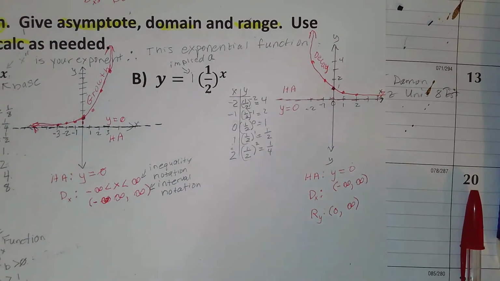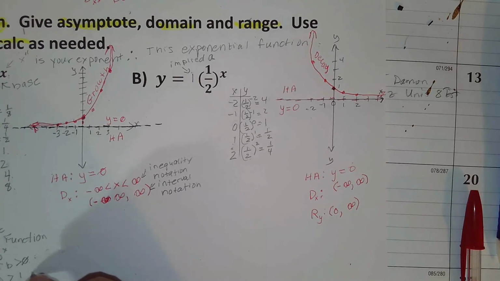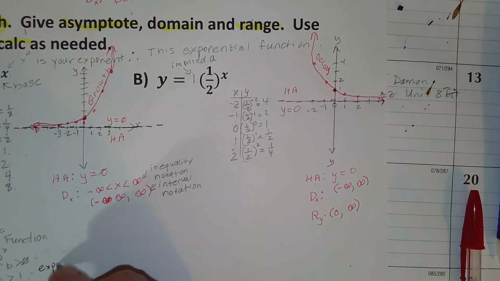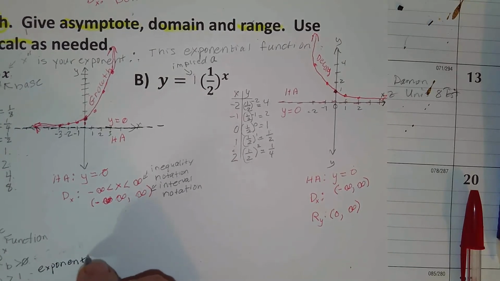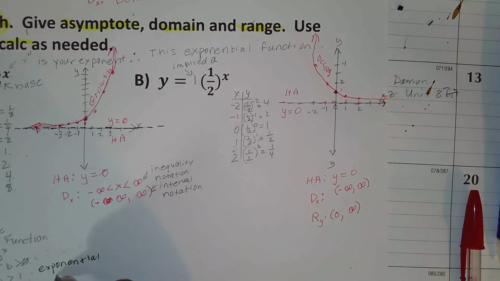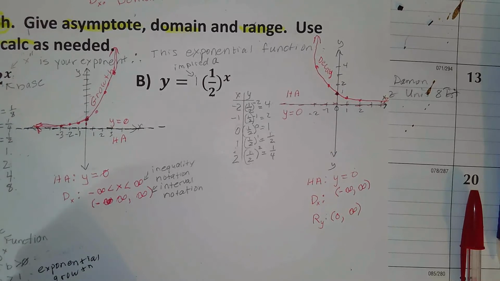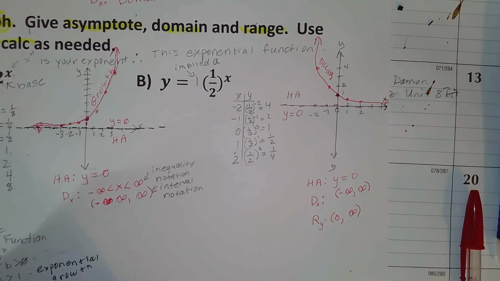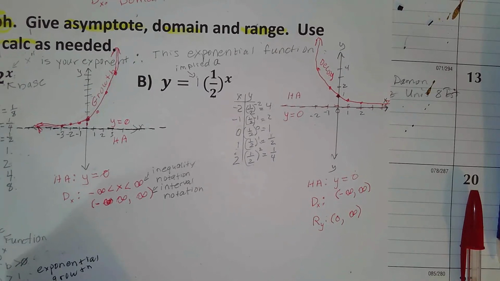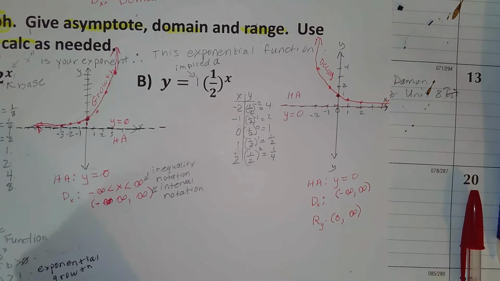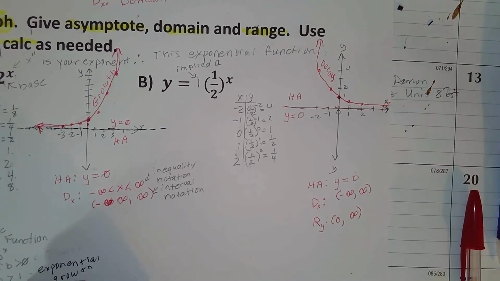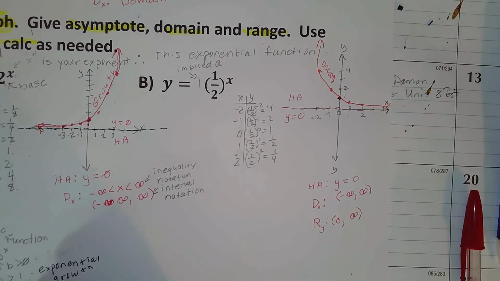So last thing I will point out is that where b is greater than 1, you have exponential growth. But if 0 is less than b, which is less than 1, then you have exponential decay.